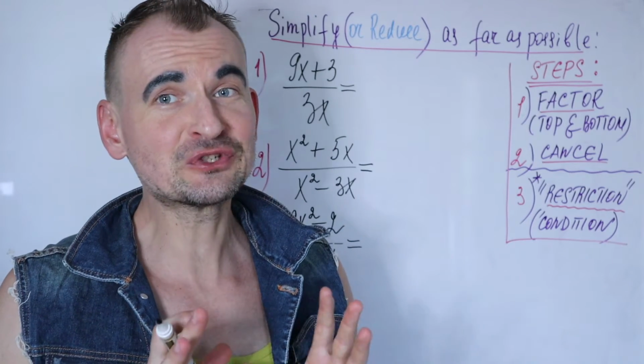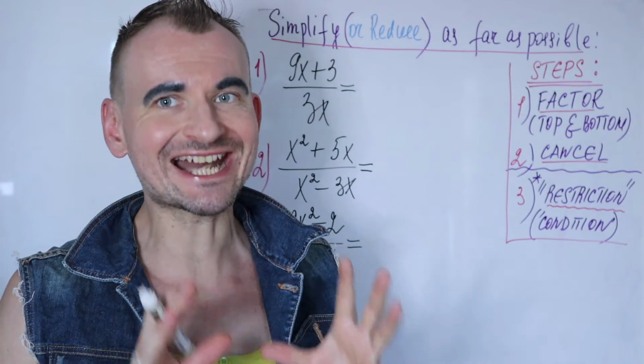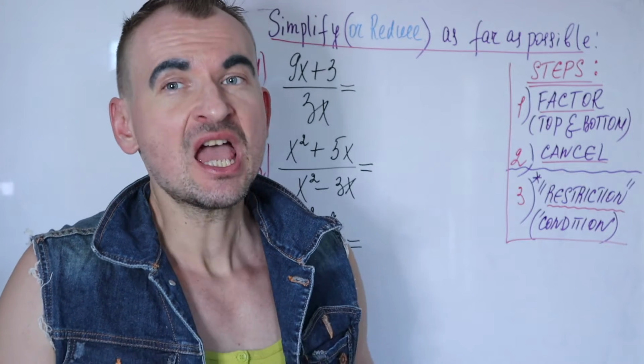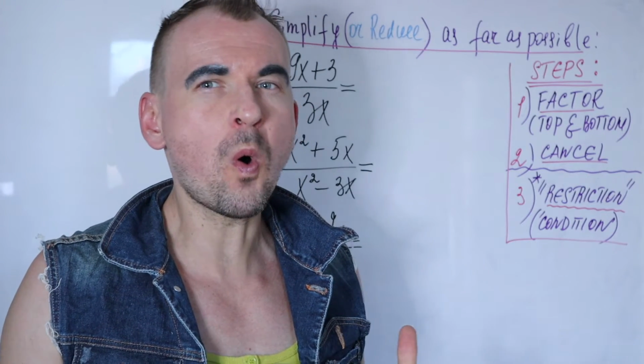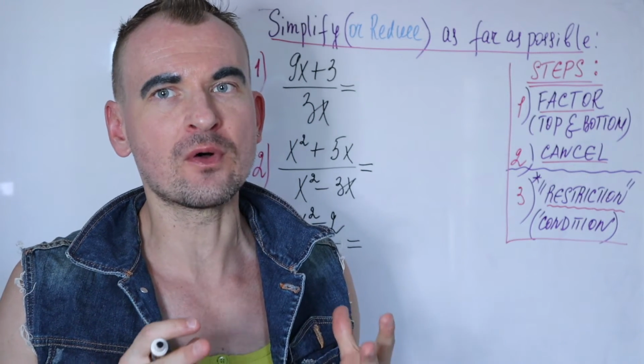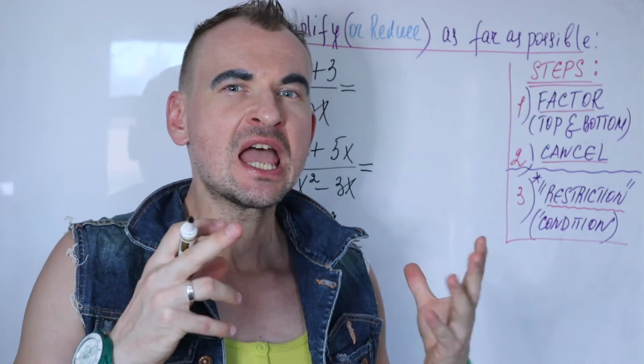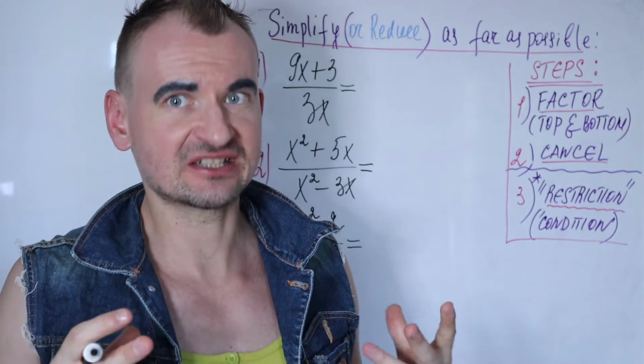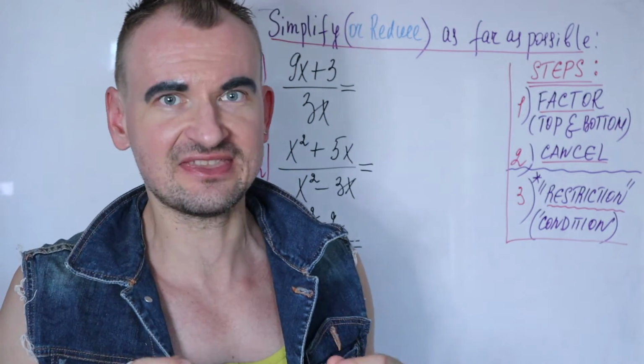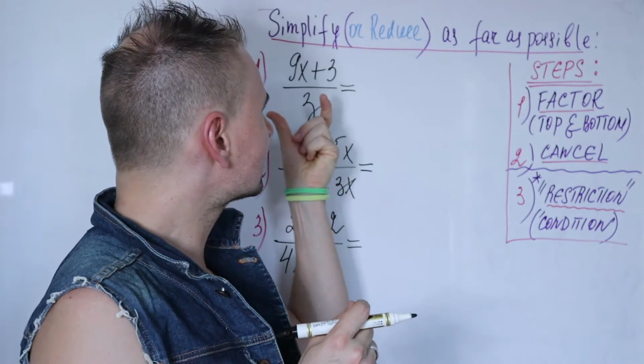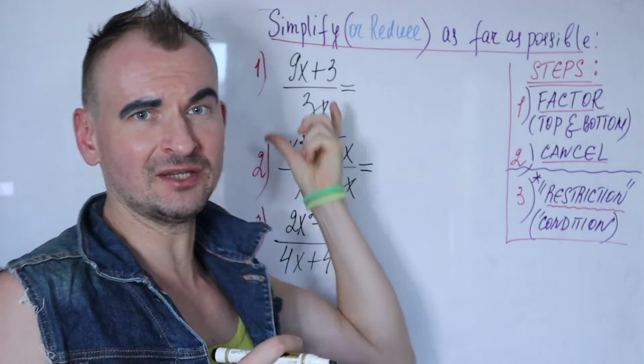Hey guys, today we will be doing rational expressions or rational fractions, or I will give you another name for that. Sometimes it's called algebraic fractions. So basically it's the same thing. It's something that has top and bottom.